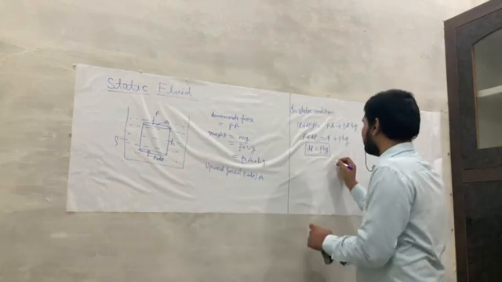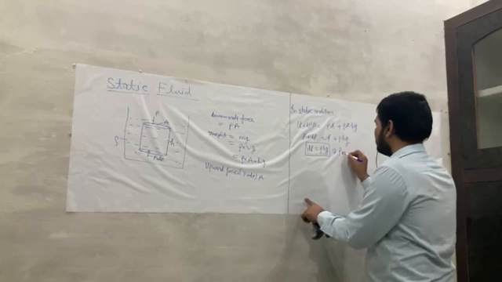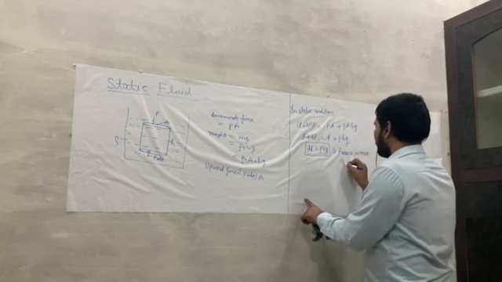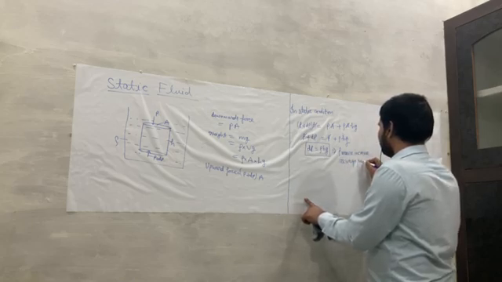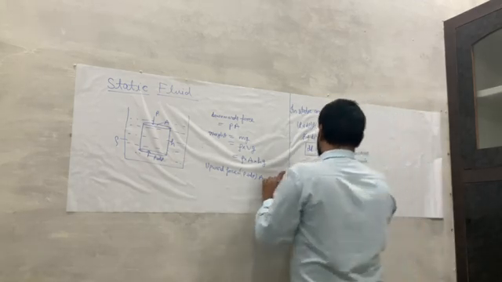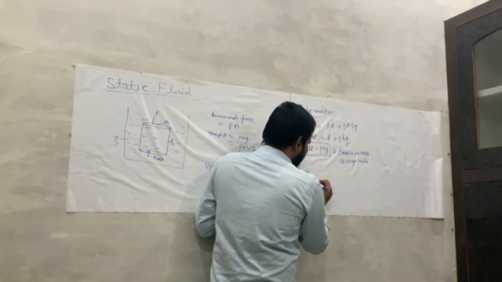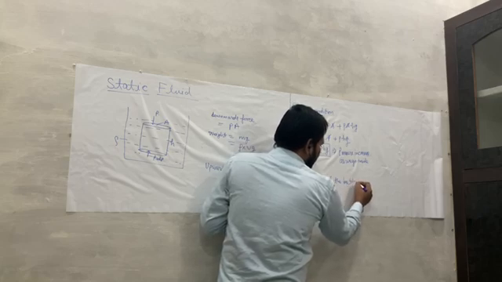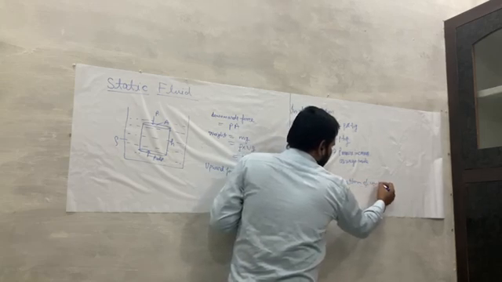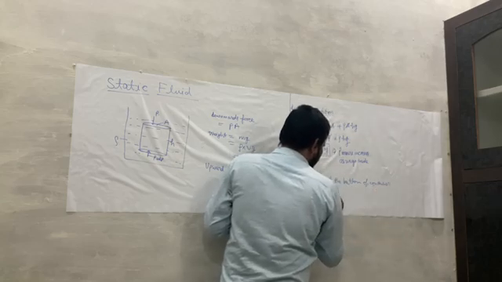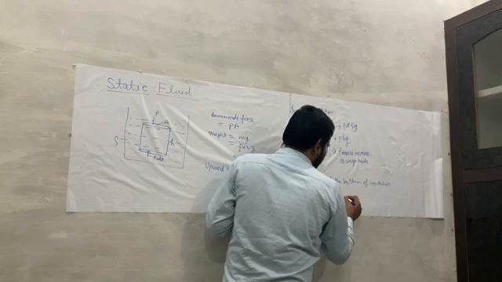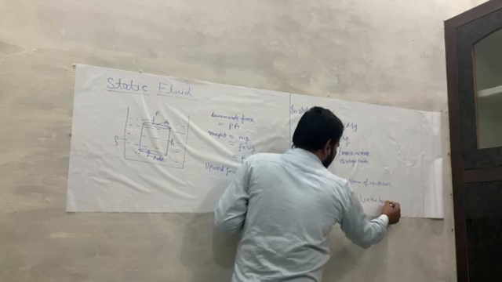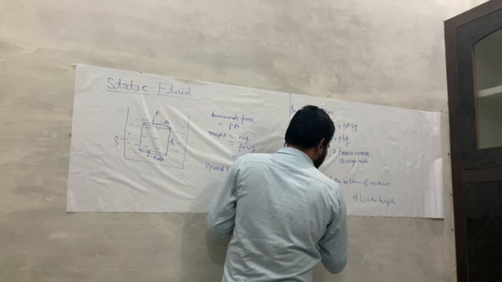So pressure increases as we go inside. We can write the pressure at the bottom of the container as P equals P naught plus rho g L, where L is the length of the container and P naught is the atmospheric pressure.